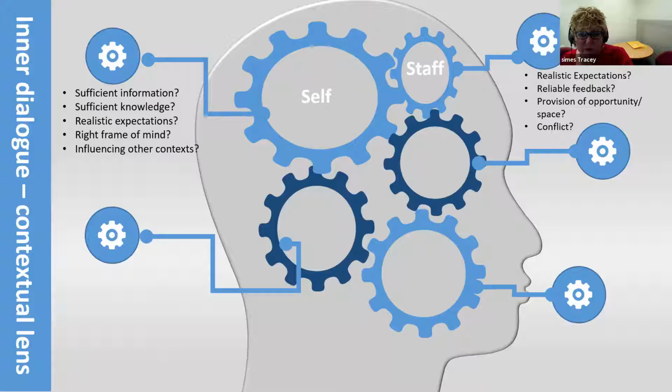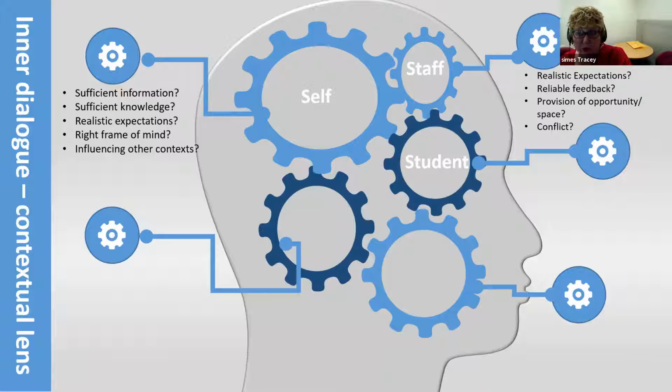Is the feedback from the preceptor reliable? Has the preceptor provided practice opportunities and space for the student to actually demonstrate performance capability? Are there interpersonal issues, such as personality clashes between the staff and the student, that may actually be affecting the student's performance? The third contextual lens is that of the student.